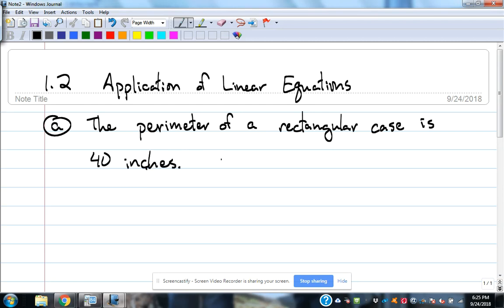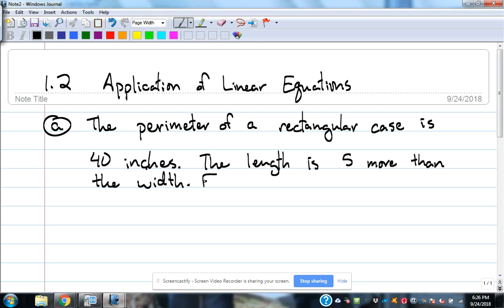The length is 5 more than the width. Find the dimensions of the case.